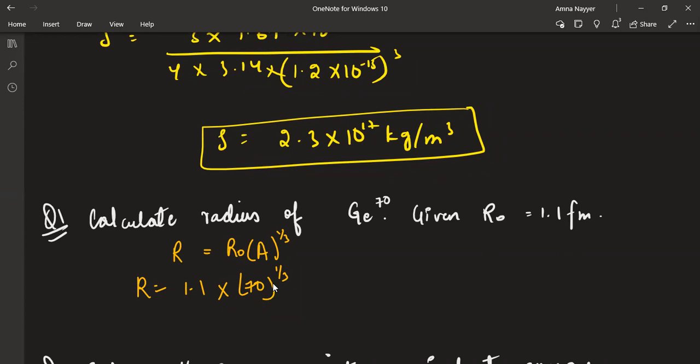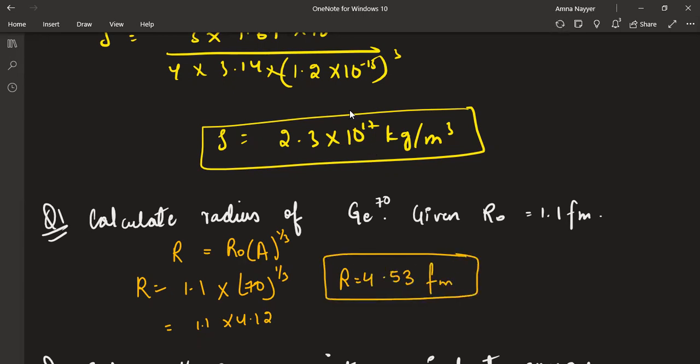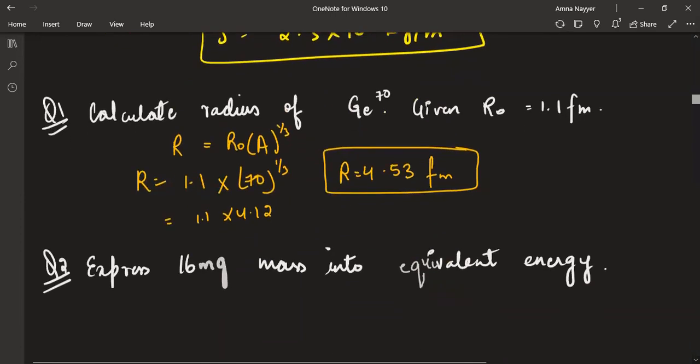When you take out the values, you will get 1.1 into 4.12, which is 4.53 after multiplying by 1.1. So yes, 4.53 fermimeters is the value of the radius. Good, correct. Like this, you will have to find out the radius. Weightage is also not much.